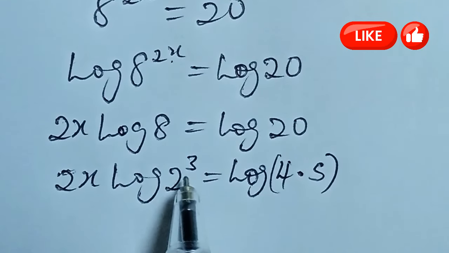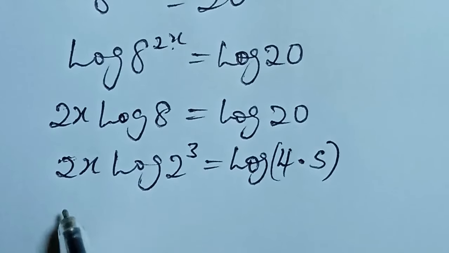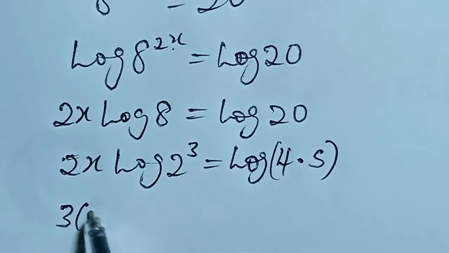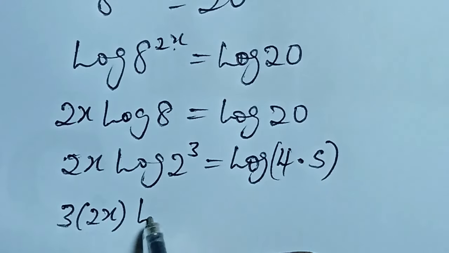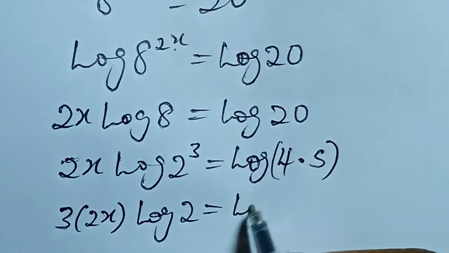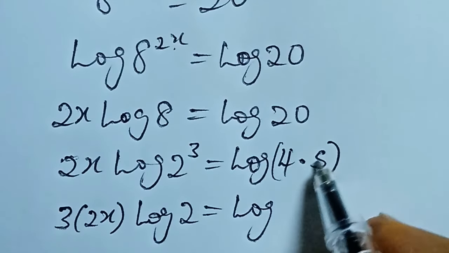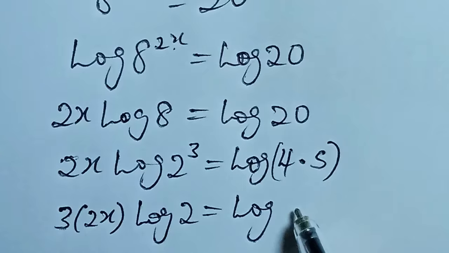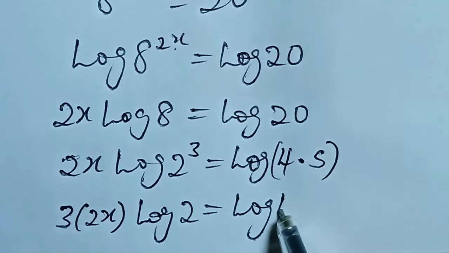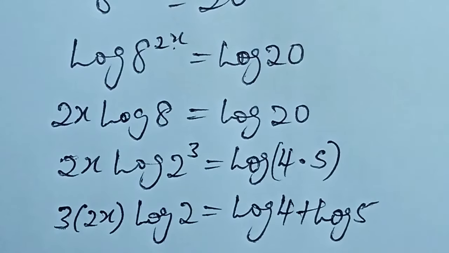So now we can also bring the 3 down to the base. Then we have 3 into bracket 2x log 2 equal to log of 4 multiplied by 5, which will now be in the form of addition. Log 4 plus log 5.